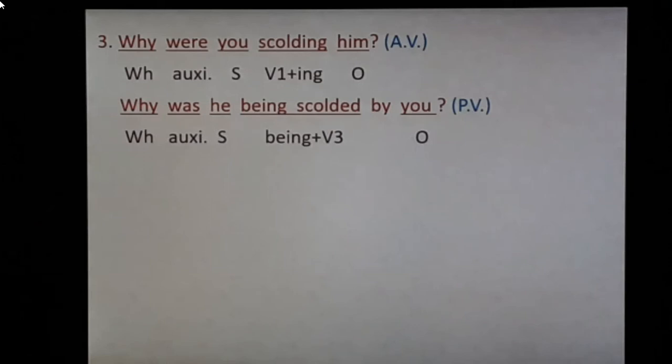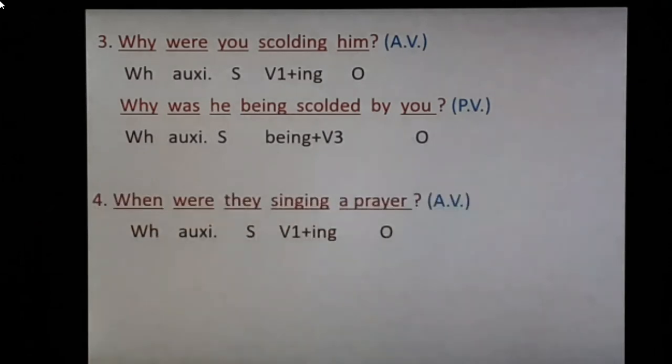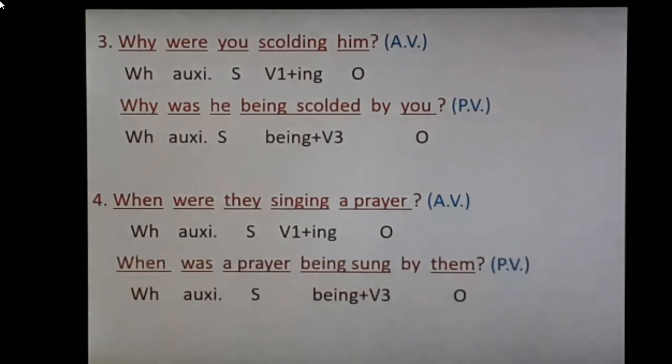Next, when were they singing a prayer? So this is active voice. When, WH question, were, auxiliary verb, they, subject, sing V1 plus ing, so singing a prayer. So this is an object. Let's turn this to passive voice. When, the same you have to write.